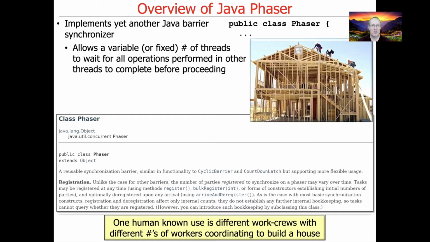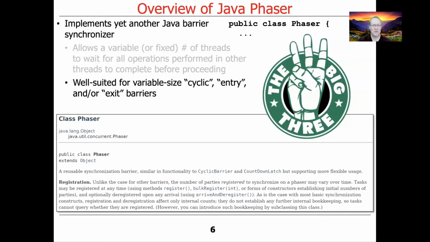But the point is that there could be a variable number of workers per phase, but there would be phases. And so you wanted to make sure that everything was done before the next phase began, but you wouldn't always have the same number of workers or even the same workers working on each of the different phases. In fact, you'd probably have different workers and different numbers for each phase.